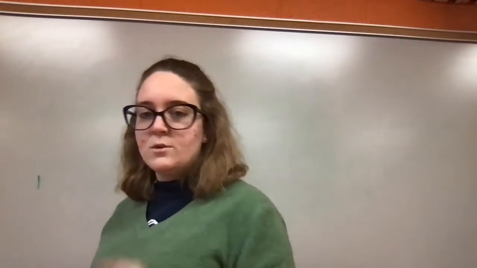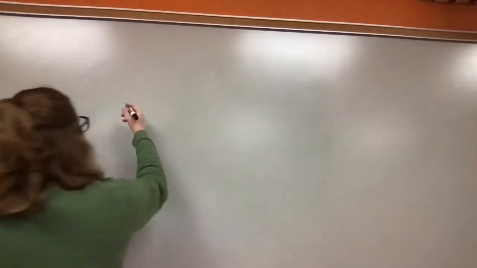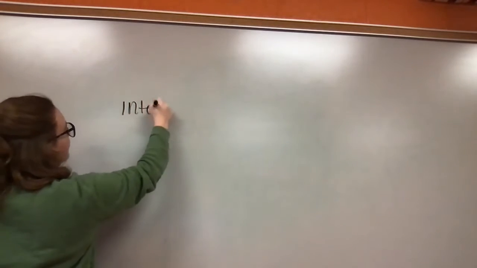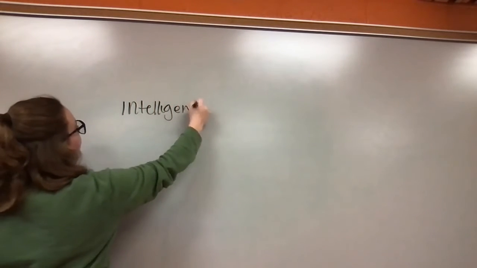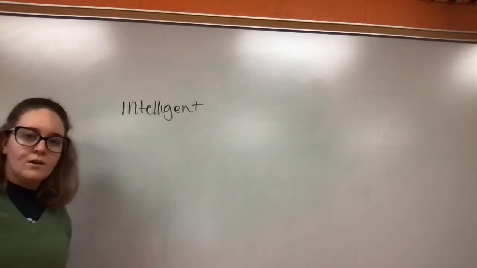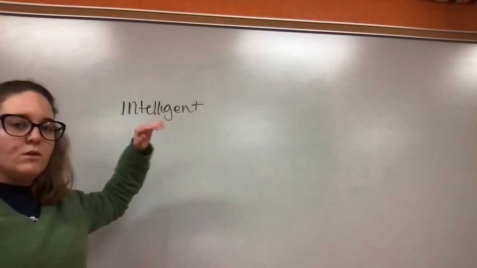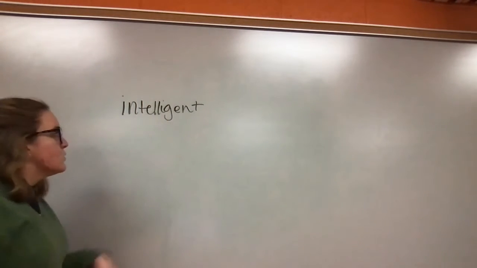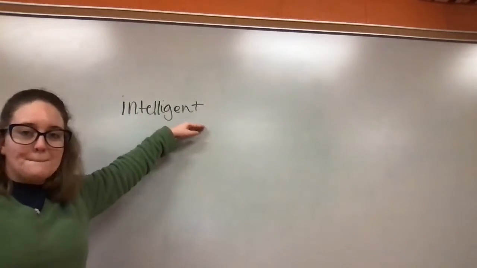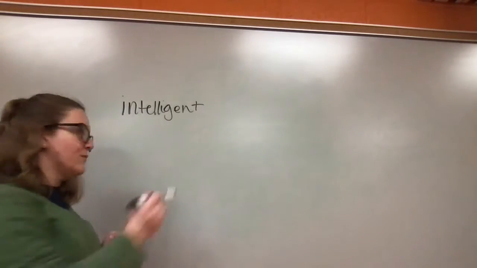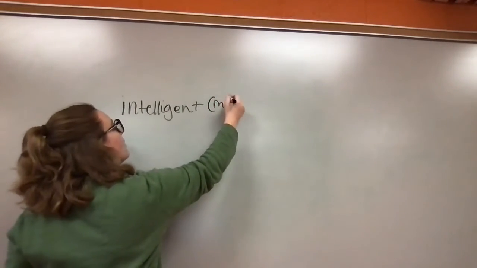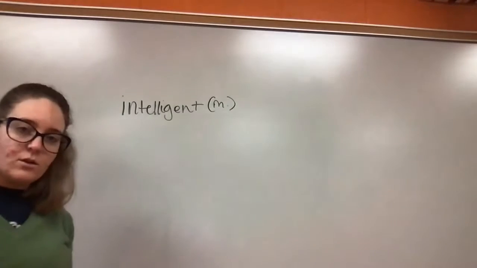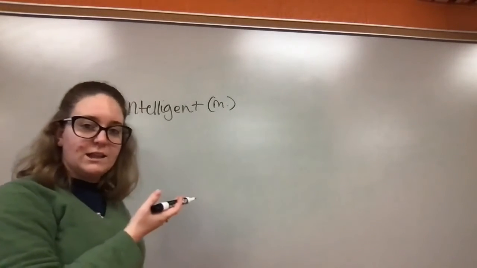So let's start off with a pretty easy one. That should be pretty easy for you guys to know. In the book, they give you this form, intelligent. So this we know is the masculine form of the adjective. And it's also singular because it doesn't have an S or anything at the end of it.